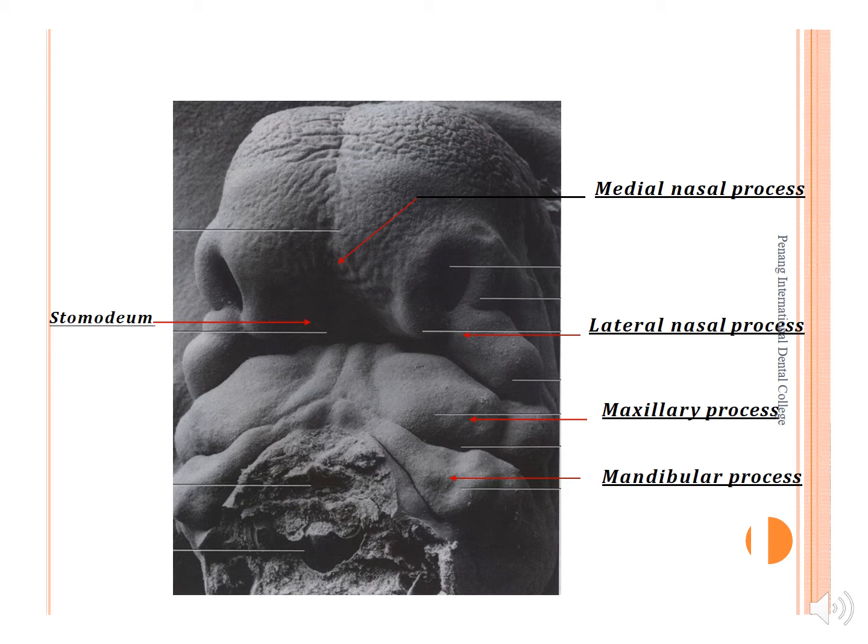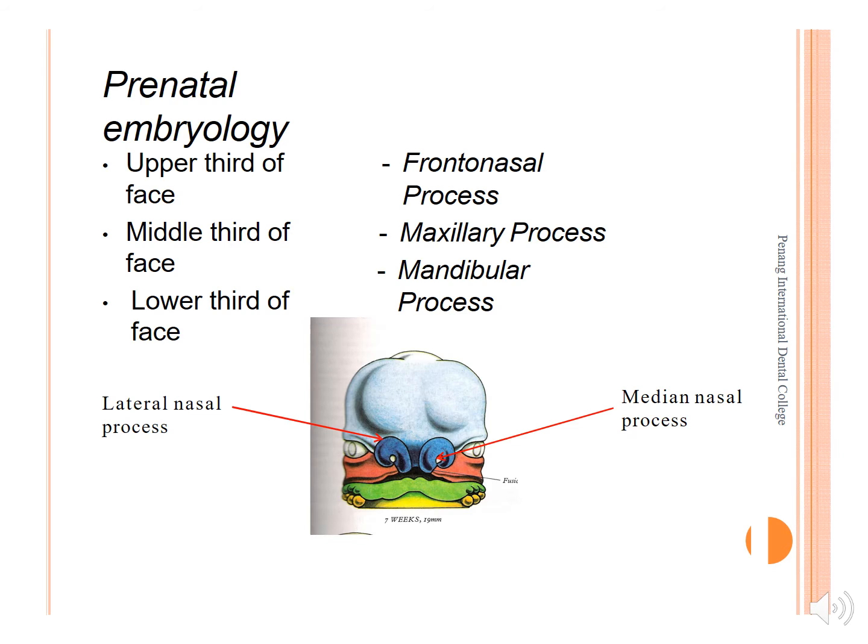Thus, at this stage, the primitive mouth or stomodeum is overlapped from above by the frontal process, below by the mandibular process, and on either side by the maxillary process. As a recap for prenatal embryology, the upper third of the face is formed by the frontonasal process, the middle third of the face is formed by the maxillary process, and the lower third of the face is formed by the mandibular process.